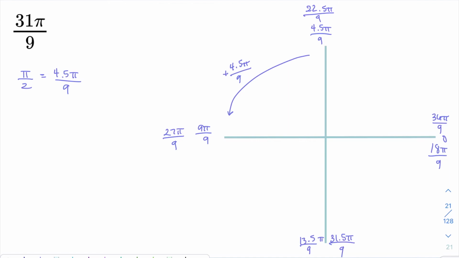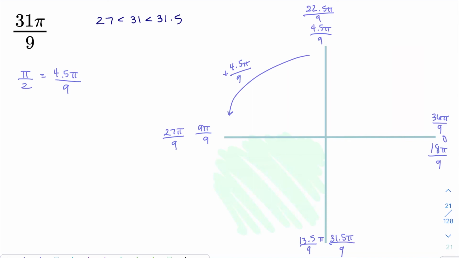I know that 31 is between 27 and 31.5. 27 is less than 31, which is less than 31.5. So I know that I'm in this quadrant because, again, once we get a similar denominator, all we have to do is compare the numerators.